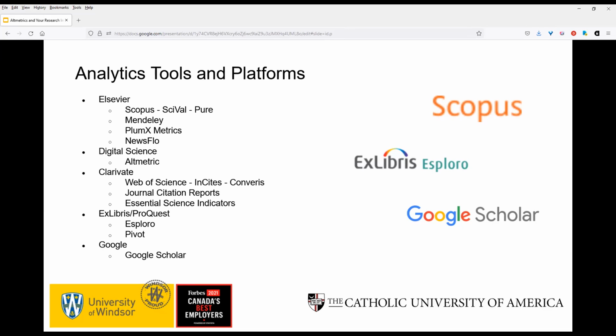And this can be used really from the department level to the research group level, overall to the entire university. And Clarivate has a similar product called Insights, which can do the same thing.